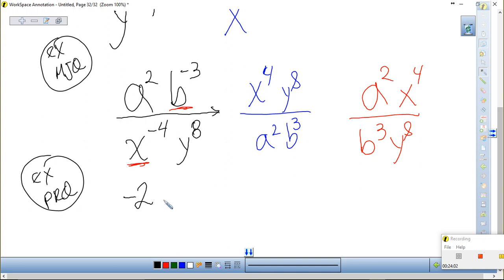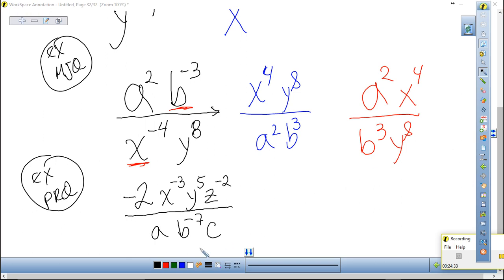Negative 2, x to the negative 3, y to the 5th, z to the negative 2, over a, b to the negative 7, c. Let's see how you do. All right, here it goes. Answer.